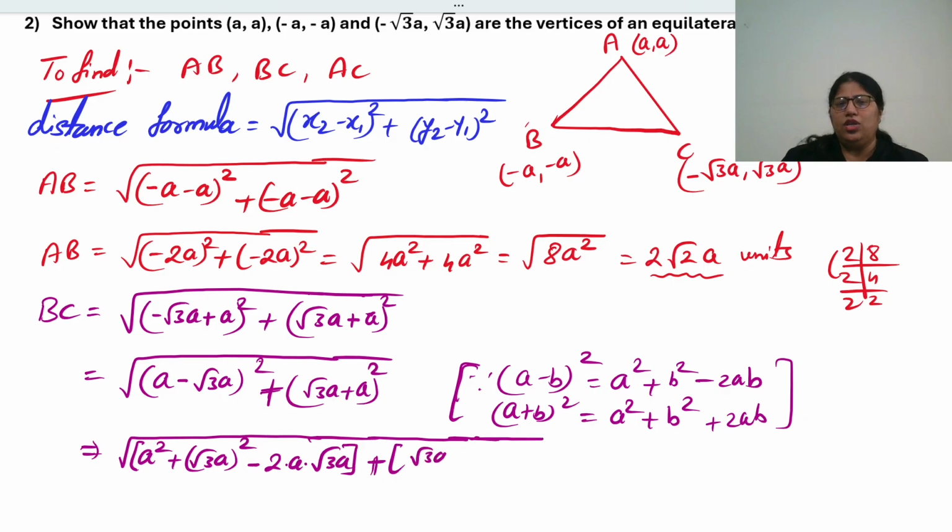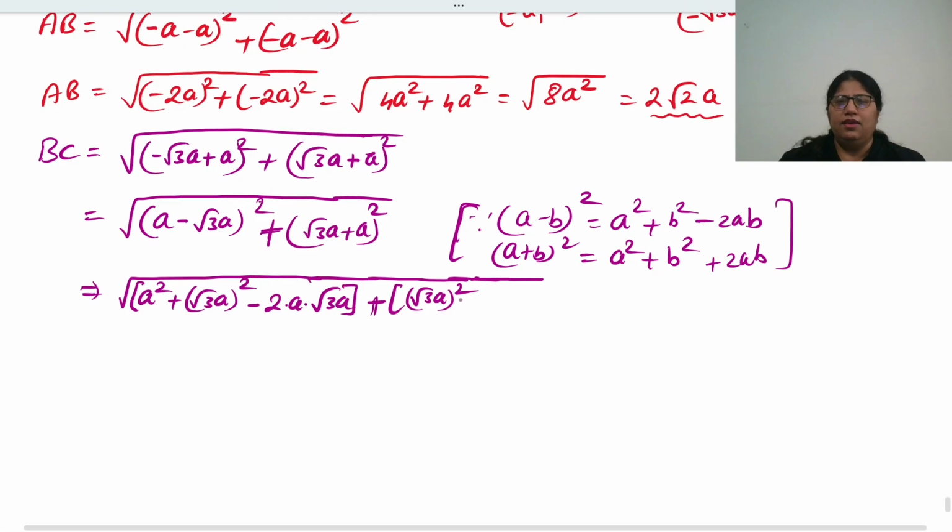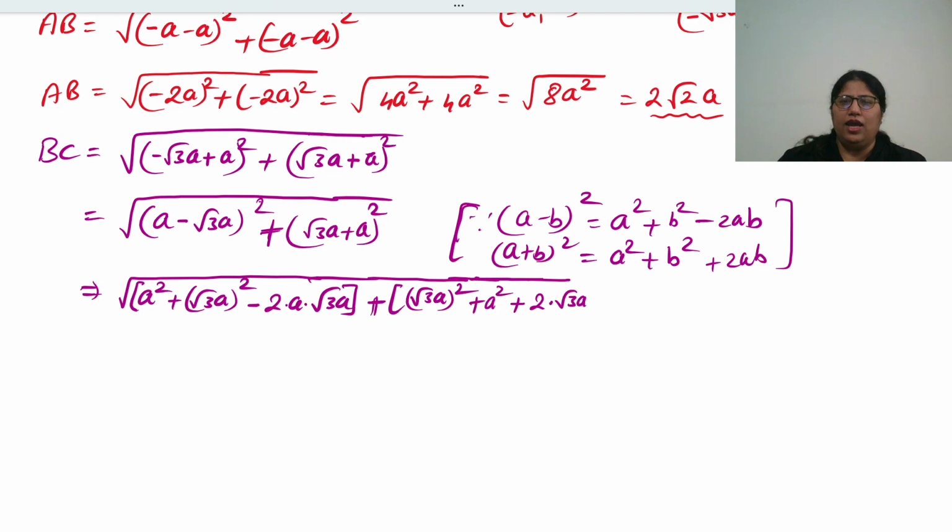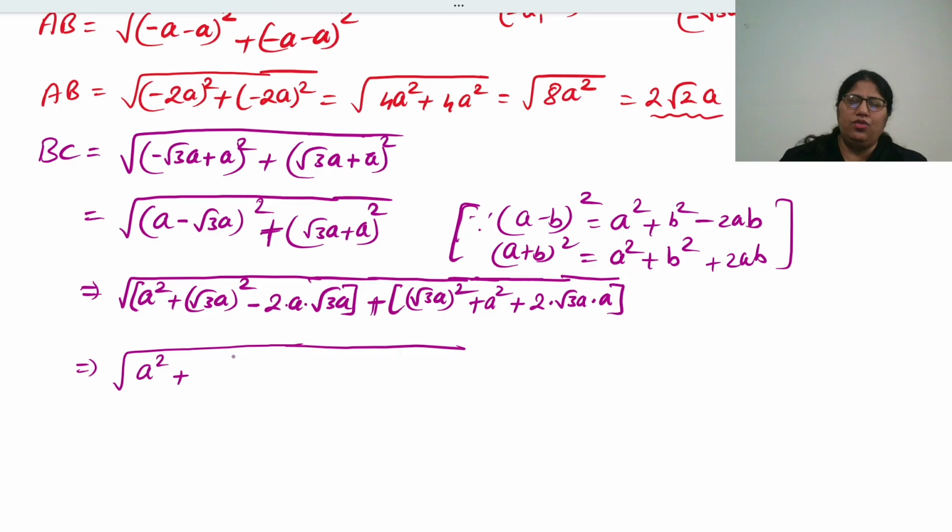So this is root 3a whole square plus b square, which is a square, then plus 2 times root 3a times a, right? And square bracket close. Now do the further simplification here. There is a plus sign, so I can open the bracket here. Plus root 3 into root 3 will be 3a square, then minus 2 root 3.